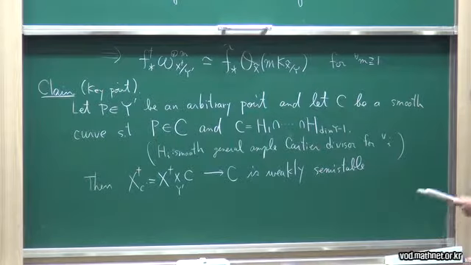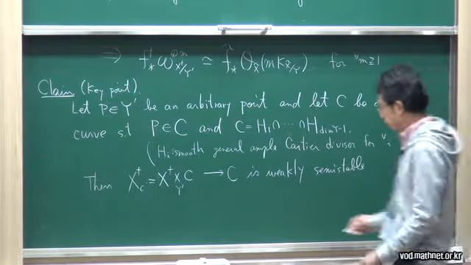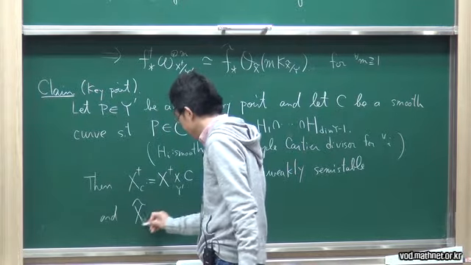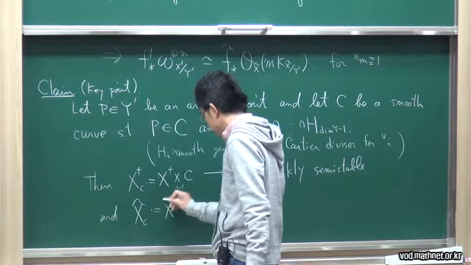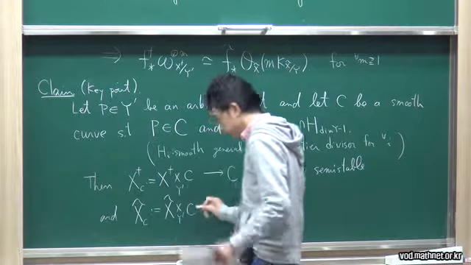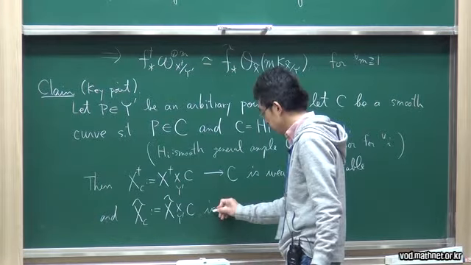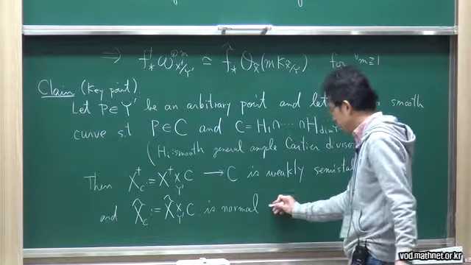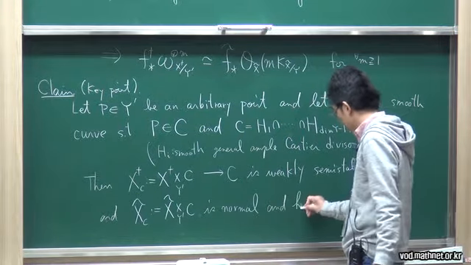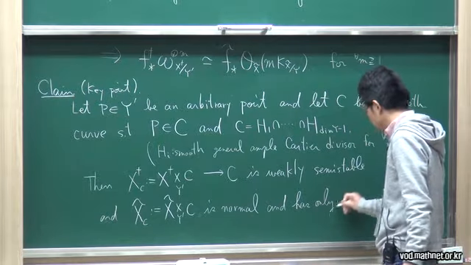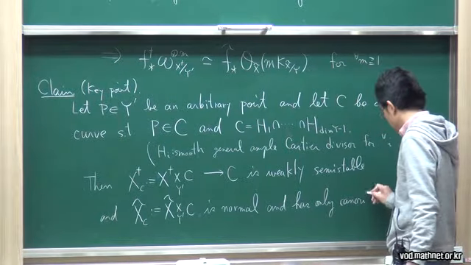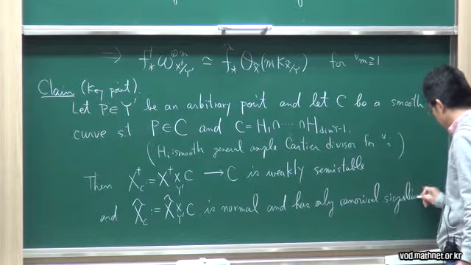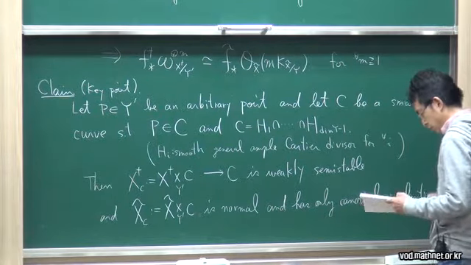Okay, and this part, X tilde C, this is X tilde base change C, is normal and has only canonical singularities. Okay.